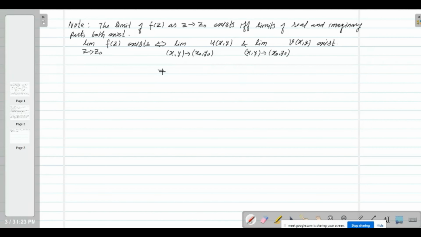So you can write this if and only if the limit as z tends to z naught of u(x, y) and the limit as z tends to (x, y) of v(x, y) exist, that is, the limit as z tends to z naught of u(z) and v(z) exist.